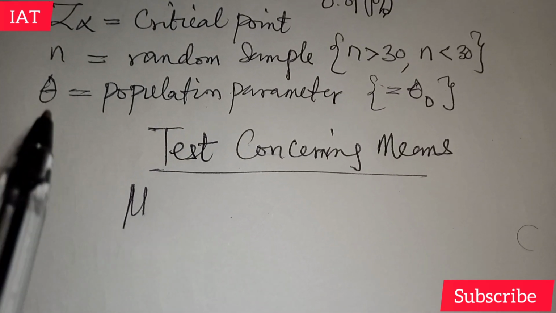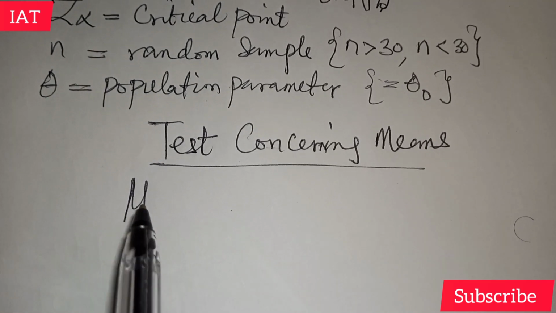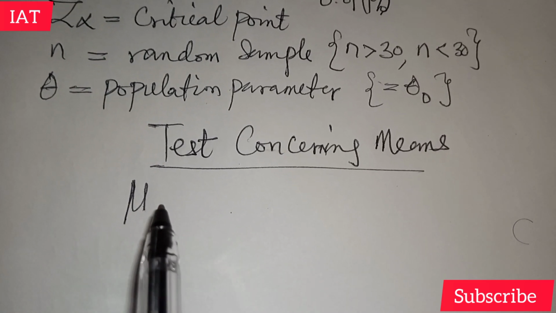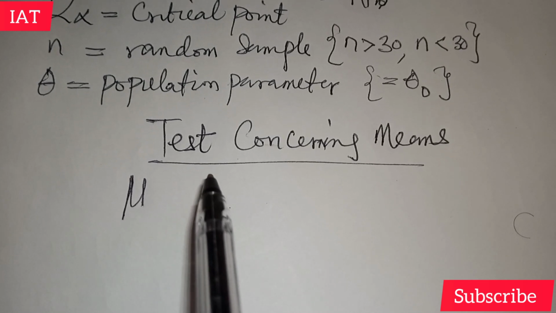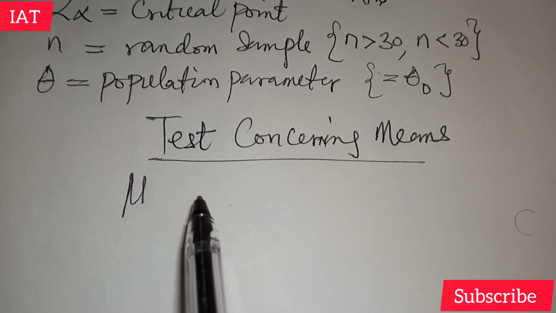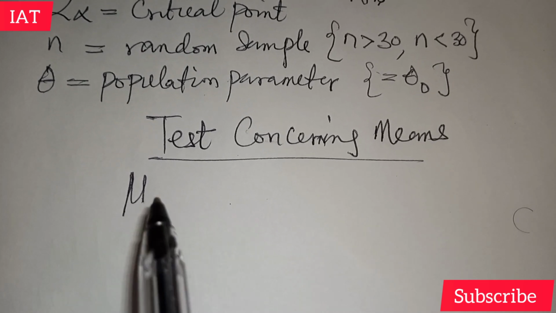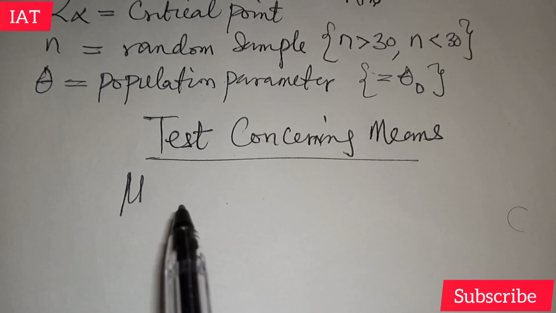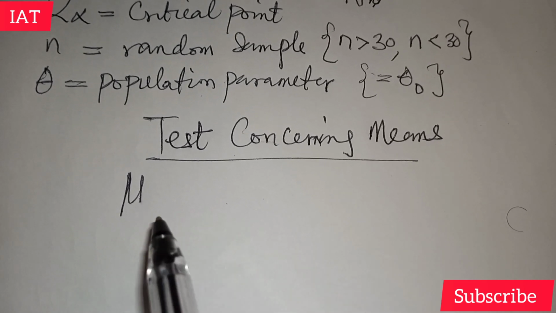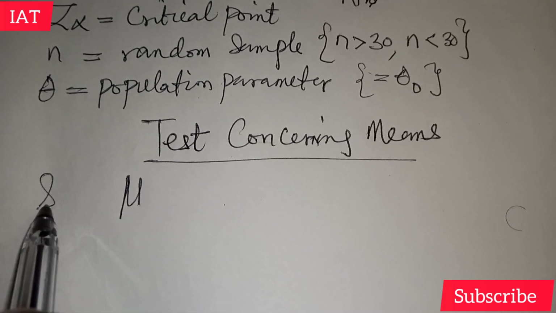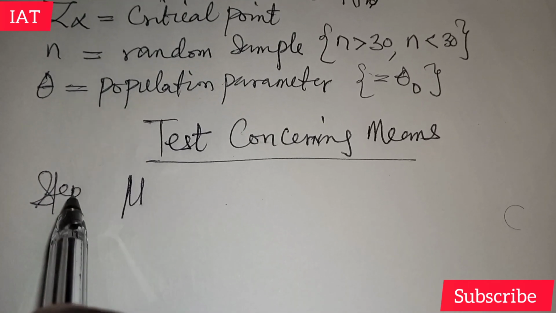I know I was supposed to also introduce the symbols, but here we're going to treat them. So I'm saying that in carrying out tests concerning the population mean, we first state the null and alternative hypotheses. So I would just want to put them as steps you must follow.